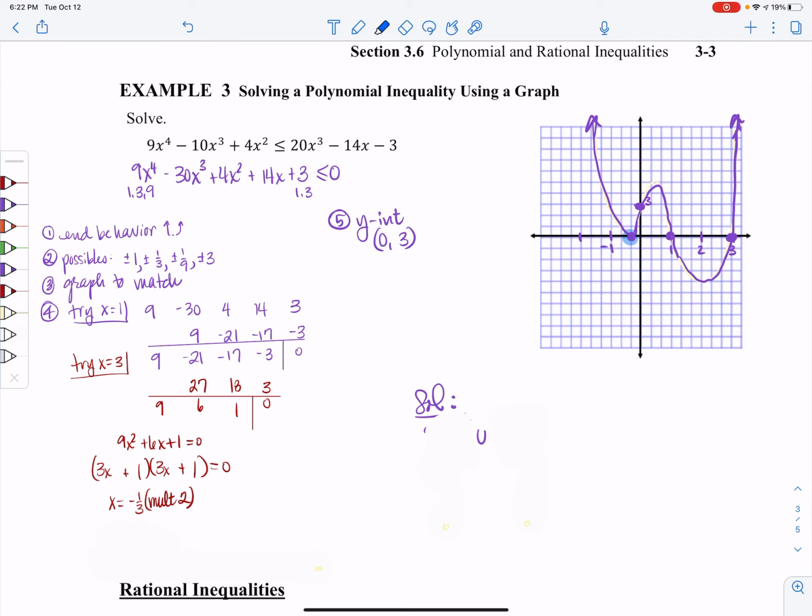Here is an on, here is an on, here is a below, here is an on. So I want all the places that are below or on. So that first one, I'm just going to list it because there's only one value there. And for the second one, I'm going to start at 1 and end at 3, including both of those values.